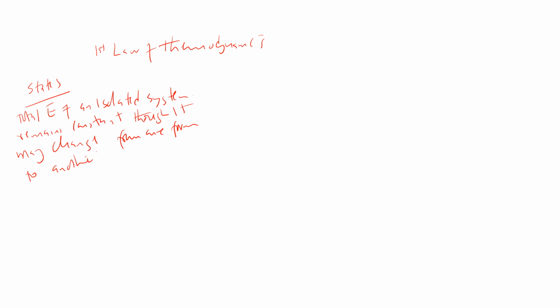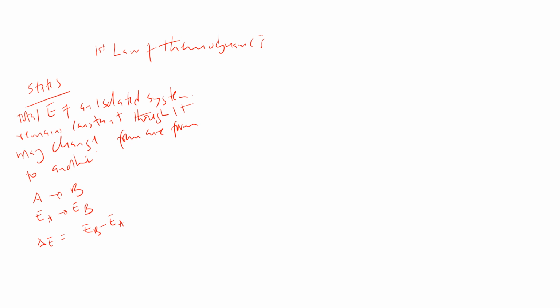So when a system is changed from a state A to a state B, it undergoes a change in the internal energy from EA to EB, and thus we can write delta E to be equal to EB minus EA.